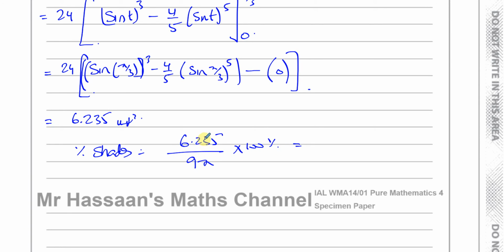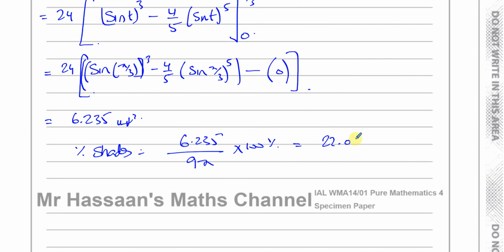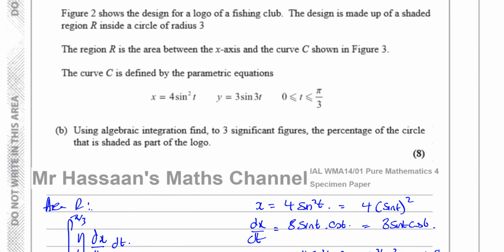That's the area of R divided by the area of the whole circle times 100%, and that gives us, so this divided by 9 pi and then multiplied by 100, which will give us 22.053%, and they want the answer to 3 significant figures.